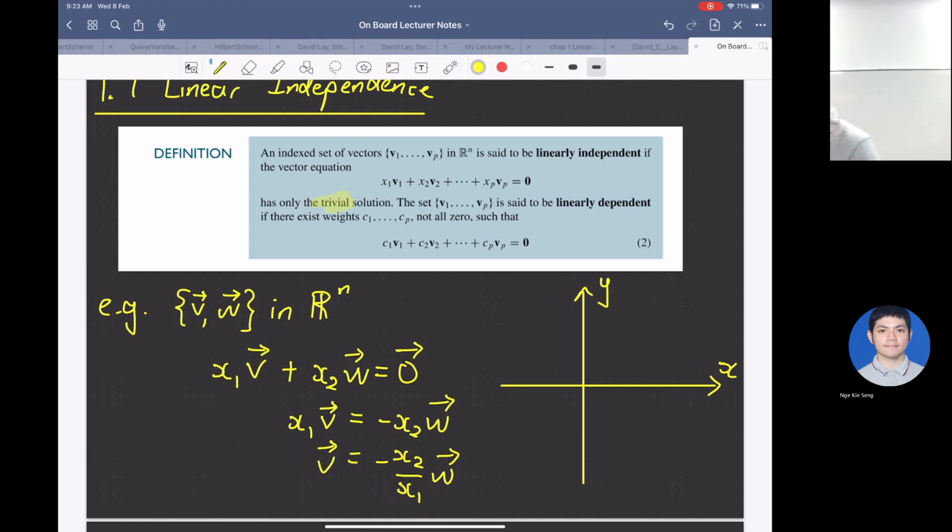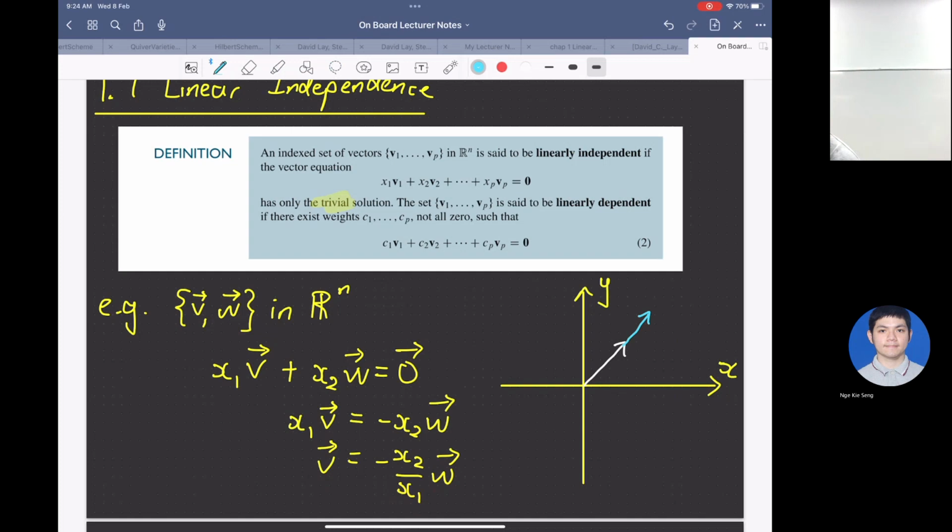So linear independence. In this case, for example, should I use this card? So this one, white, and then I can use another blue one.